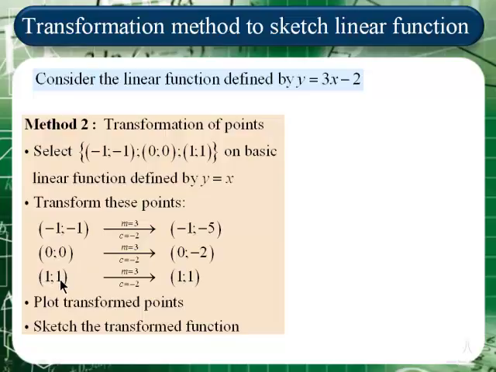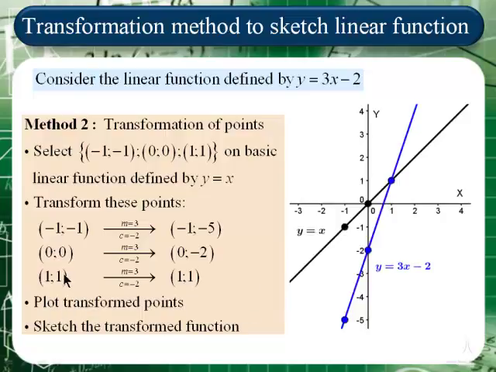Here we multiply by 3, so it becomes 1, 3, and then you subtract 2, so it becomes the same point. Then you plot these points, and then you can sketch the transformed function. Obviously, you've seen from this last example that the two straight lines will actually intersect in the point 1, 1.